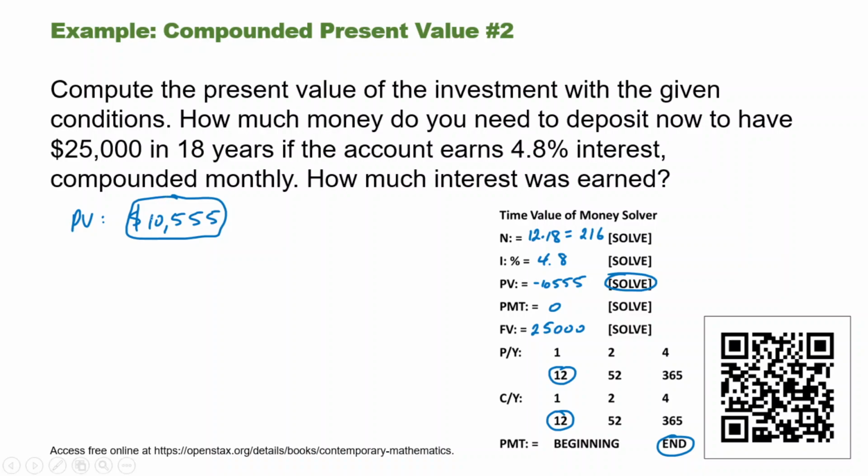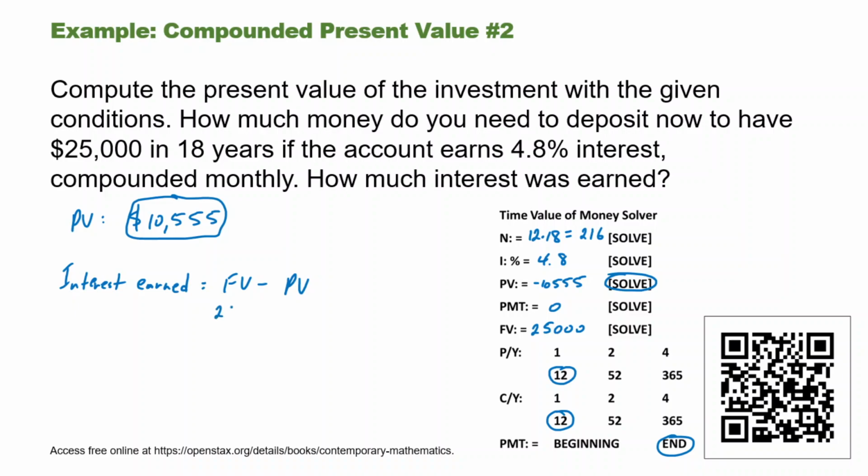But now for the second part of the question. How much interest is earned? Well, we're comparing our future value. Interest earned is the future value minus the present value. How much we end up with minus how much we actually put into the account.